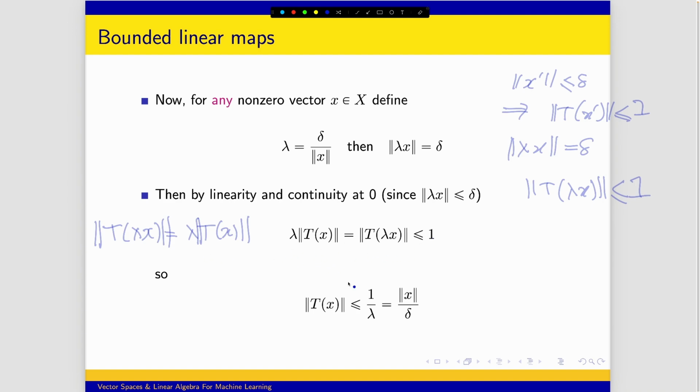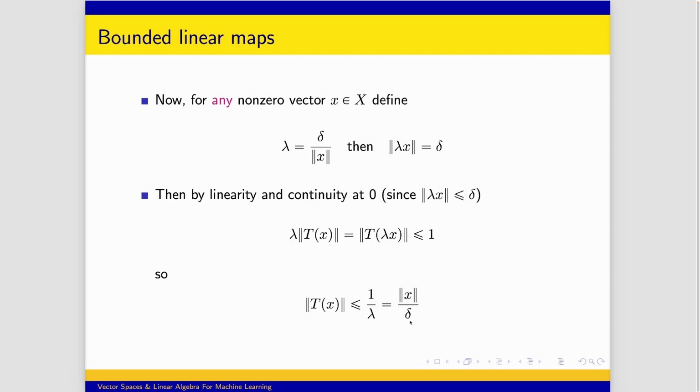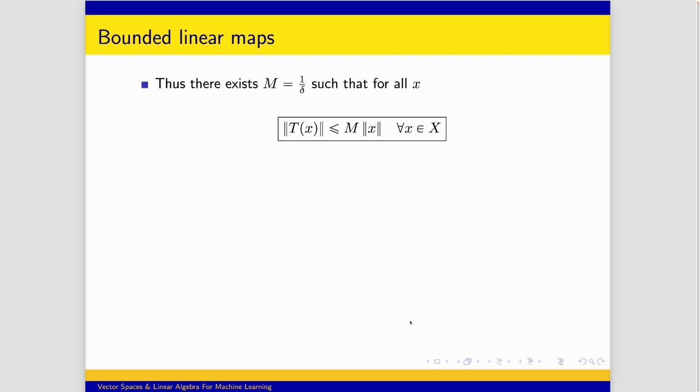And so from here, what do we get? By very simple algebra, we get the norm of T of x is less than or equal to 1 divided by lambda. But what's lambda? It's delta divided by the norm of x. So the norm of T of x is less than or equal to the norm of x divided by delta. So let's just set m equals 1 over delta, and then we get this condition.